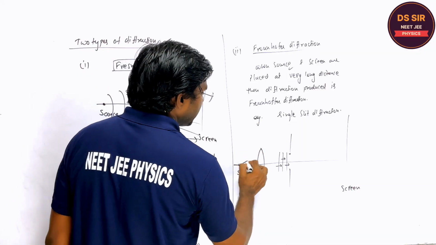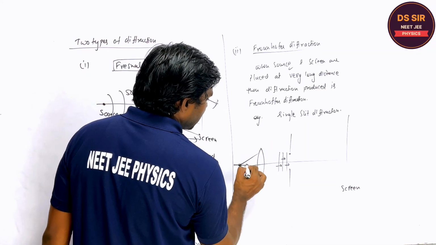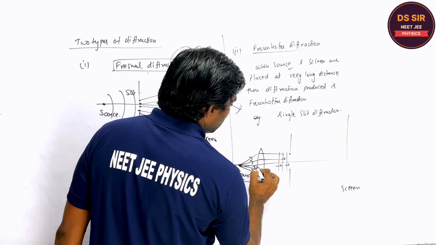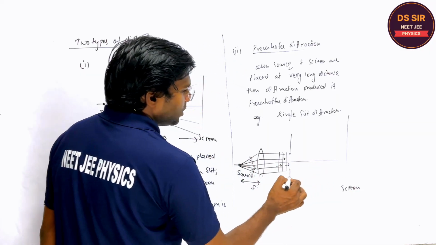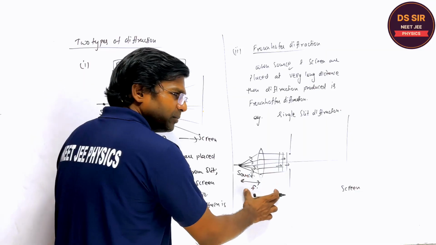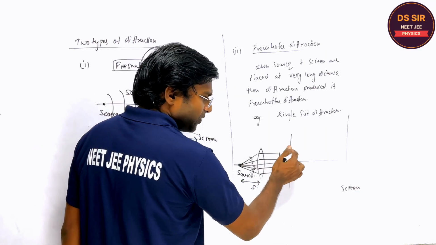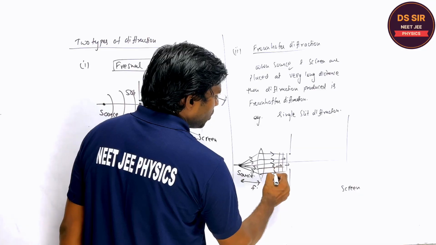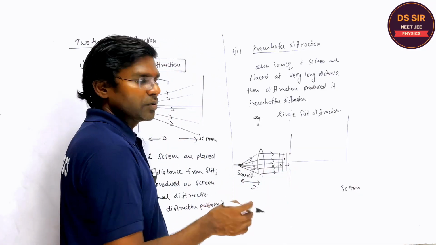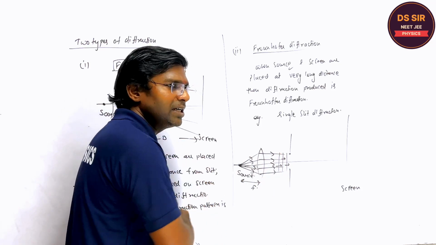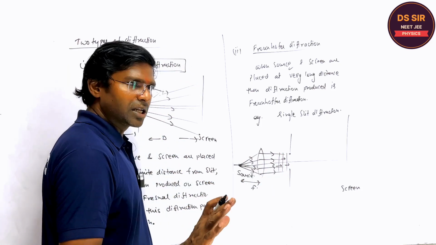So what will happen then? The light rays come like this, and they become parallel to the axis. So although the source is at a finite distance, the light wave reaching this slit is in the form of a plane wavefront. So it looks like the light is coming from infinite distance. Is it clear or not?